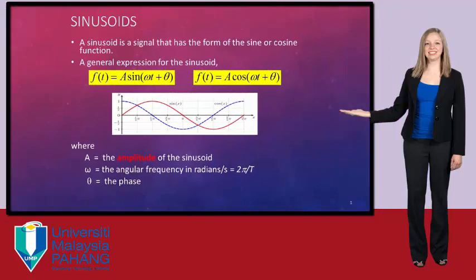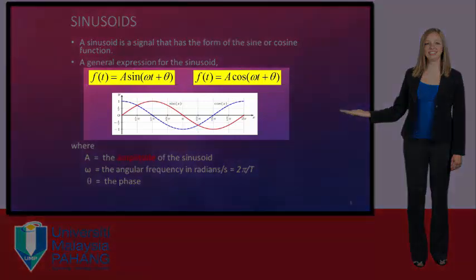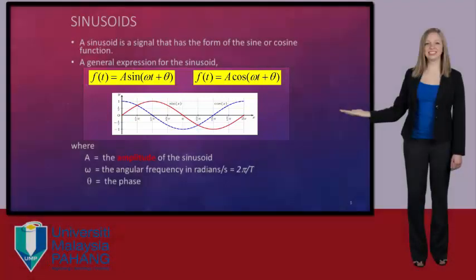Next type of elementary signal is sinusoid and complex exponential. Sinusoids and exponential functions should already be familiar. A sinusoid is a signal that has the form of the sine or cosine function. The general expression for sinusoid is f(t) equals A sin(omega t plus theta) and f(t) equals A cos(omega t plus theta).